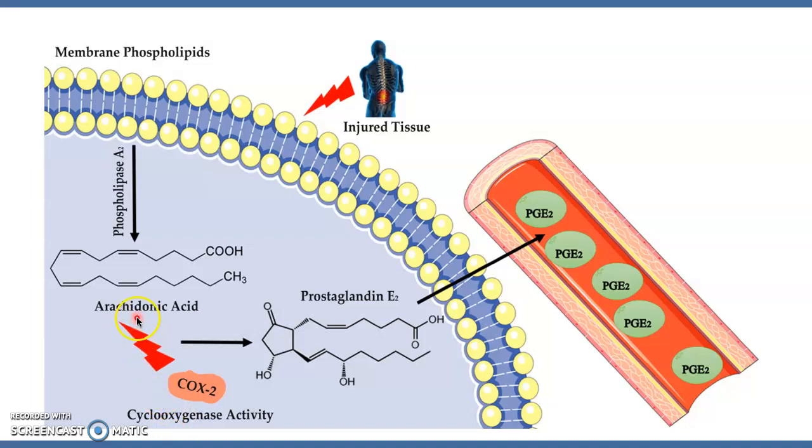So arachidonic acid gets acted on by cyclooxygenase, and that facilitates and catalyzes the reaction to lead us to different prostaglandins. One thing to make note of is that the diet we eat can influence the amount of prostaglandins we produce that are anti-inflammatory versus these pro-inflammatory molecules.